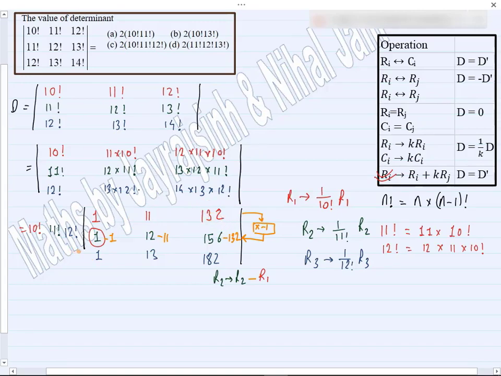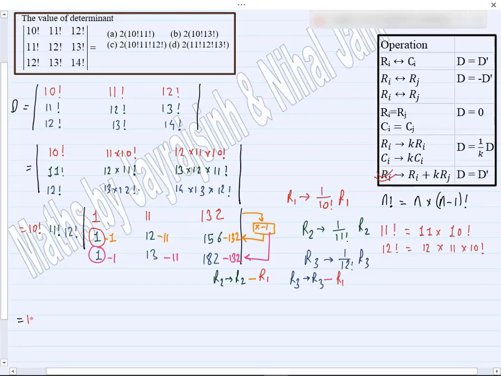Okay. Similarly, we can get 0 in the third row using the operation R3 gives R3 minus R1. Same way, you have to multiply minus 1 and add into the third row. So we get minus 1, minus 11 and minus 132.